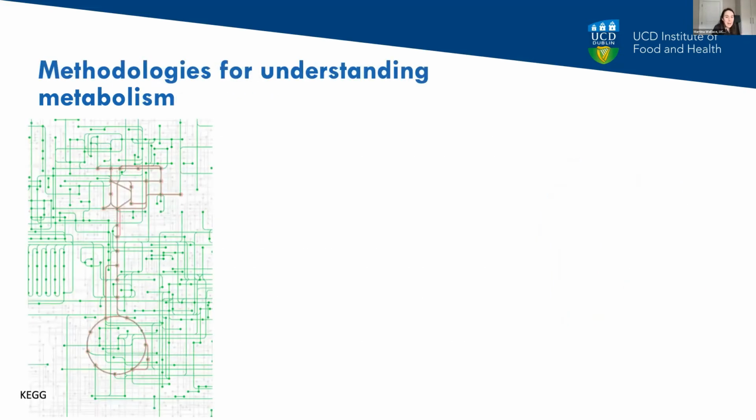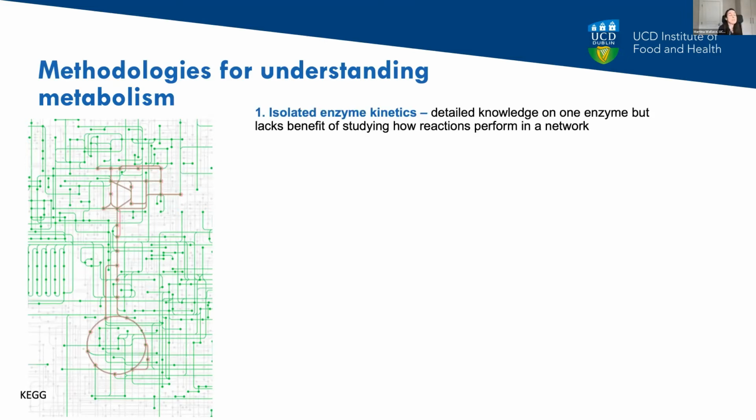When you're thinking about studying metabolism, there are a number of different ways that it's classically approached. The more classic way of looking at it is looking at isolated enzyme kinetics. And from this, you get a really good idea of detailed knowledge of one enzyme and how specific mutations can change that enzyme's reaction, but it lacks the benefit of studying how reactions perform in a network.